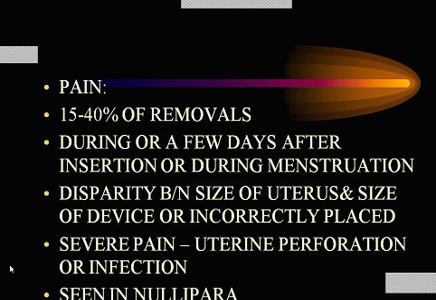That may be one reason for pain. Severe pain indicates uterine perforation or infection. You have to be very careful if the user is complaining of severe pain. You have to suspect uterine perforation or infection. These complications are usually seen early.